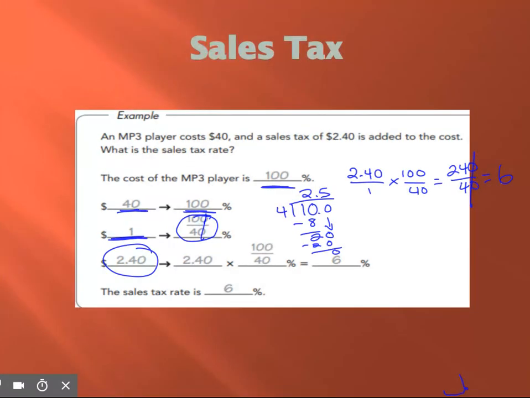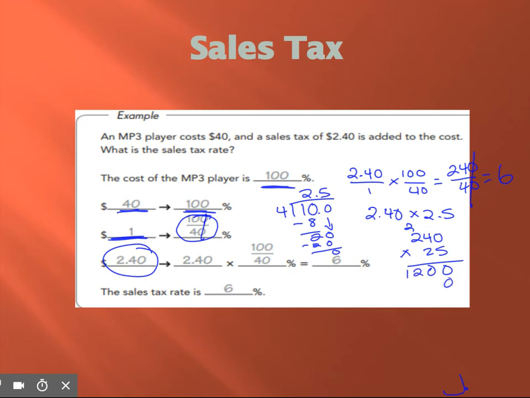Or you could do the decimals. So I would have $2.40 times 2.5. So I would take out the decimals, and I would do 240 times 25. And then you would see 5 times 0 is 0. 5 times 4 is 20. 5 times 2 is 10. Plus 2 is 12.